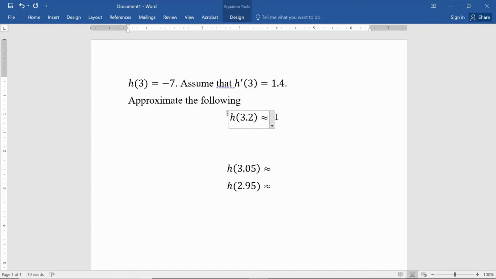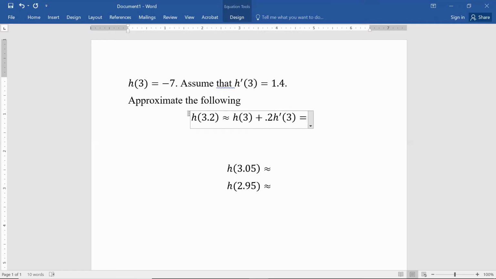So if I want to approximate at an x value of 3.2, I'm going to take the output when I plug in a 3, and then I'm going to add 0.2 times the derivative at 3. I'm going to write all of these things in one line.